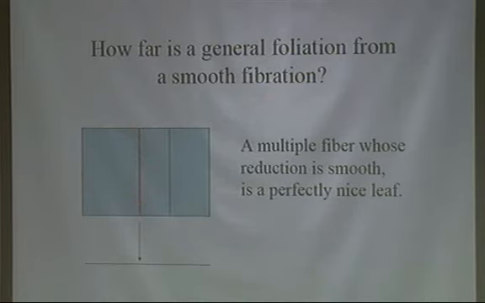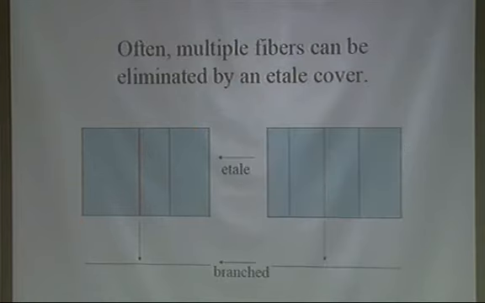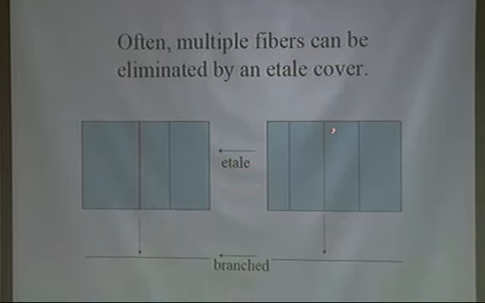Now, how to handle a situation like this? Quite often, we know that you can remove multiple fibers by taking some étale cover, by taking the branched covering of the base. This is semistable reduction. So up to étale cover, it becomes a really smooth fibration.